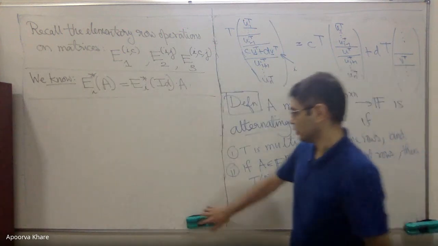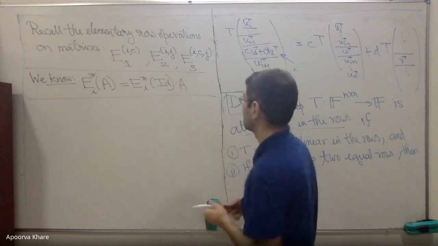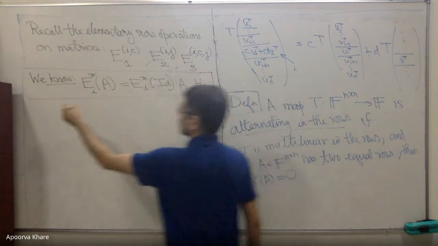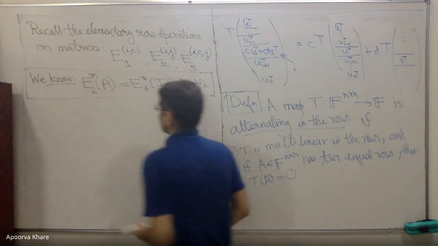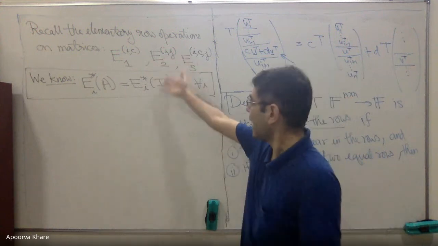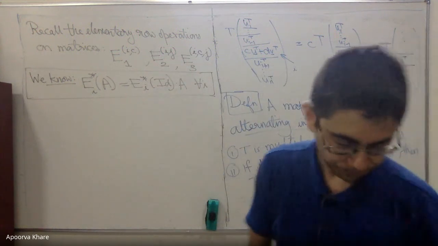This part we already know, and we have proved it for all types of row operations, for all I from 1 to 3. So we know this. We will use this. That's why I'm reminding you of the notation and this very, very important fact.